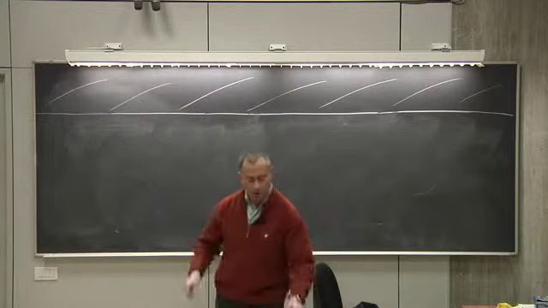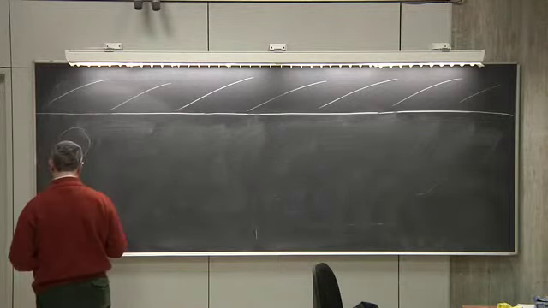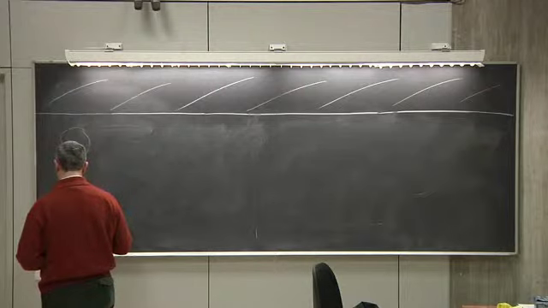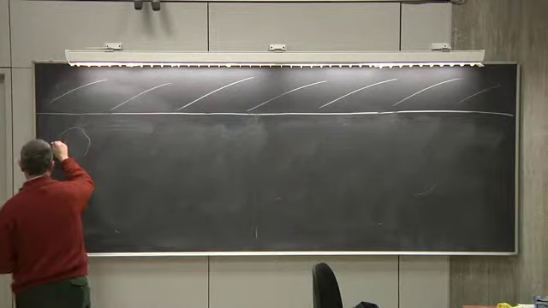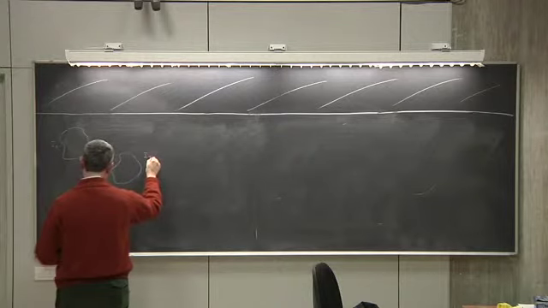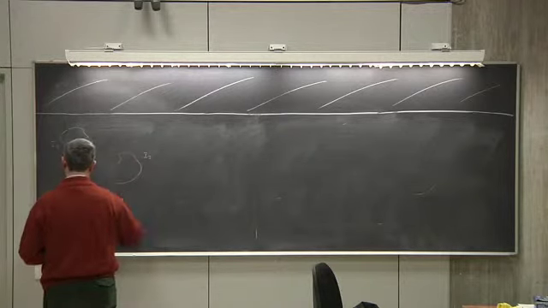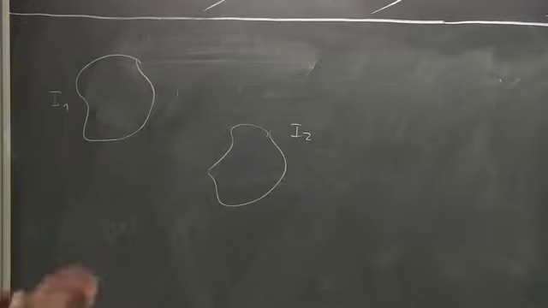So you have two loops like this, with a current I1, and here you have another one with a current I2. And what is the force between these two loops?